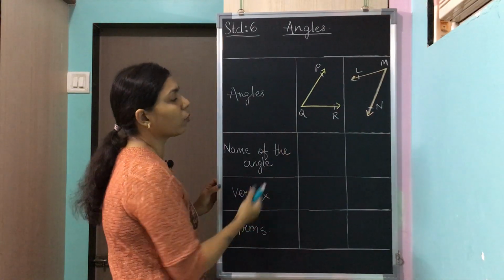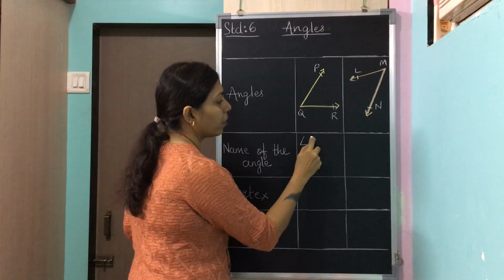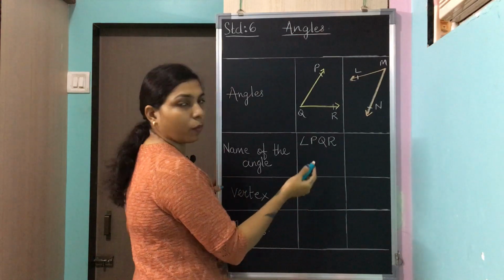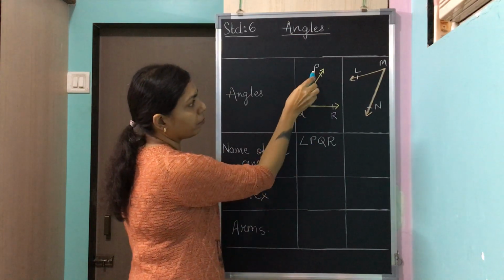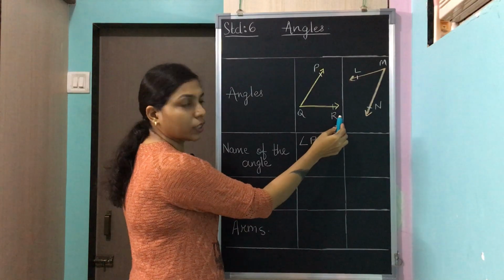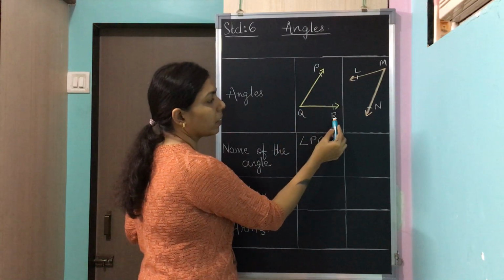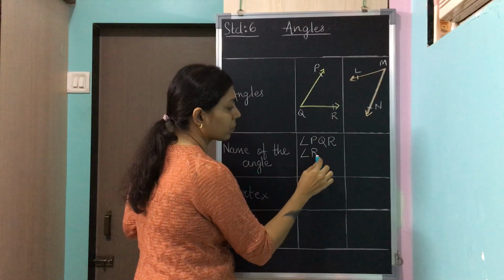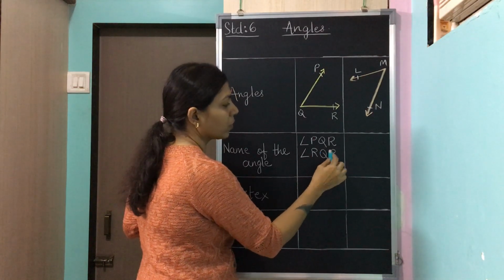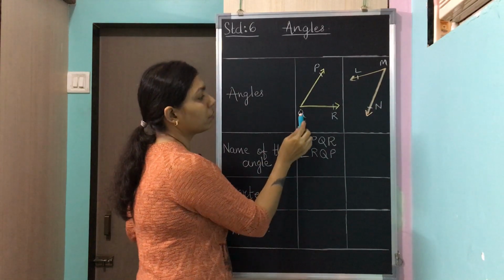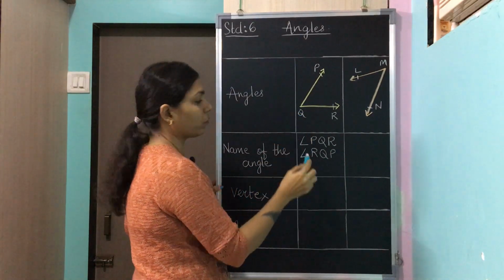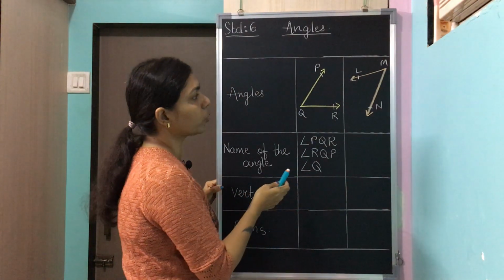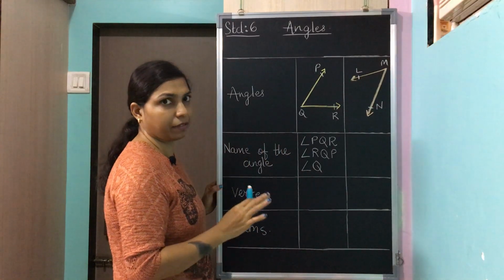We can write it as angle PQR, starting from this side, or starting from the other side as angle RQP, or you can just use the vertex and write it as angle Q. So you can name this particular angle in 3 different ways.